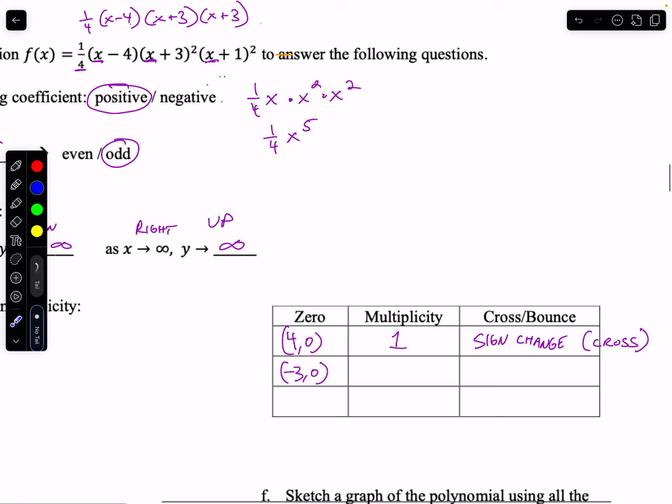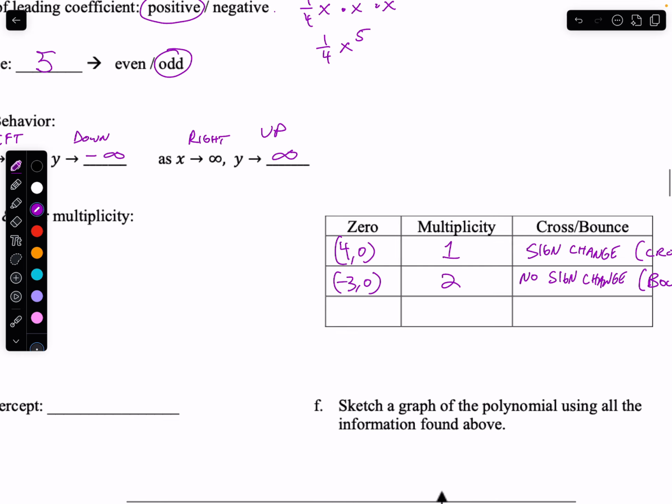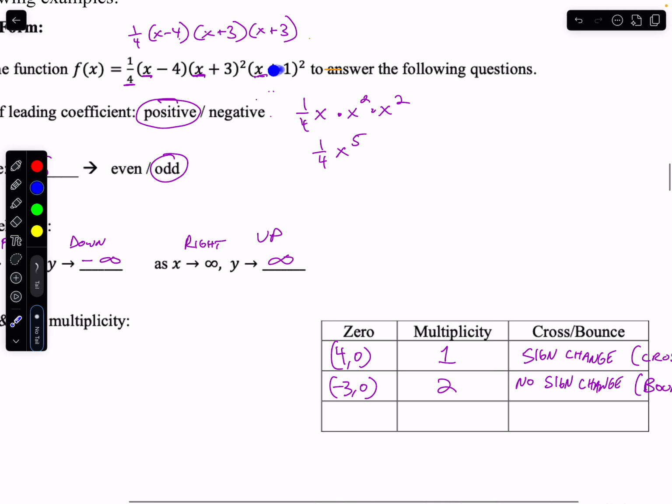You don't have to write it that way. You can just look at the exponent. And we said if our multiplicity is even, there is no sign change. So the y's, if they were positive, they touch that 0 and stay positive. If they were negative, they touch that 0 and stay negative. So we call that bouncing or touching the x-axis and goes back in the direction that it came from. And the last 0 is -1.